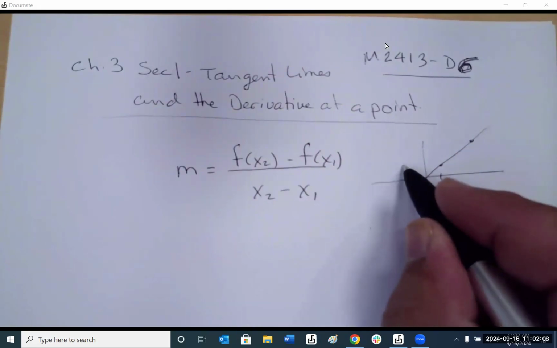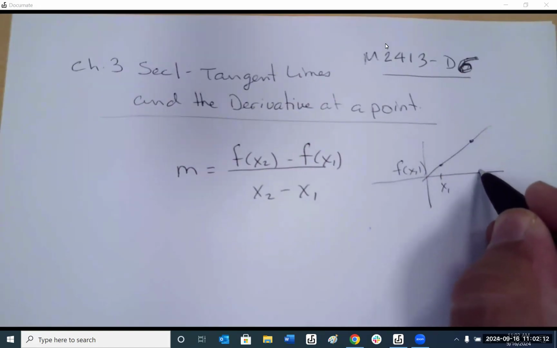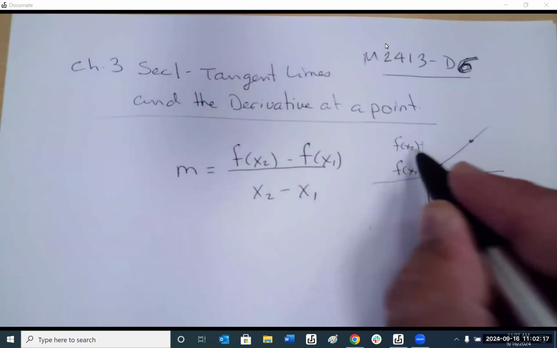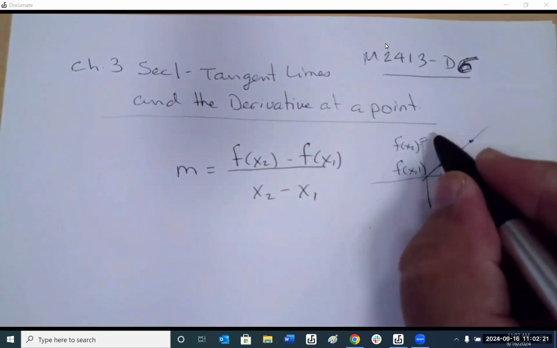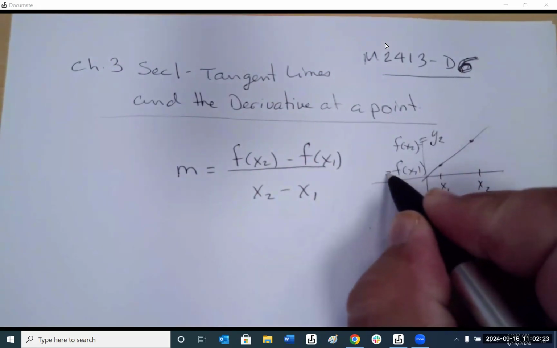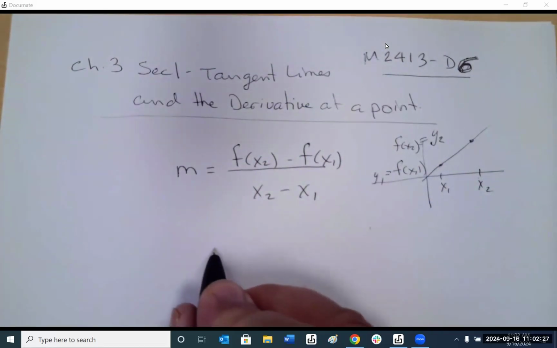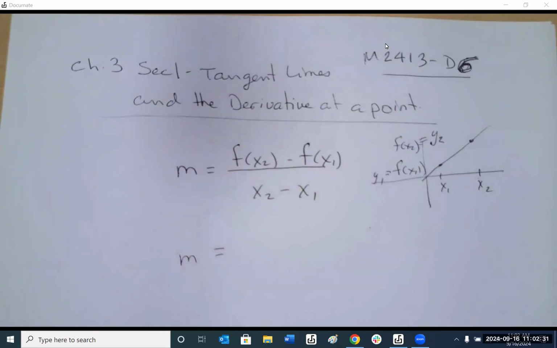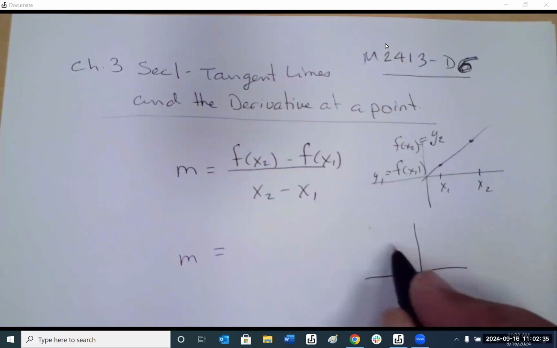You have x1, f of x1, and x2, f of x2. Remember, f of x2 is the same thing as y2, f of x1 is the same thing as y1. But that only works if you have 2 points. Will that work for finding the slope of a curve?